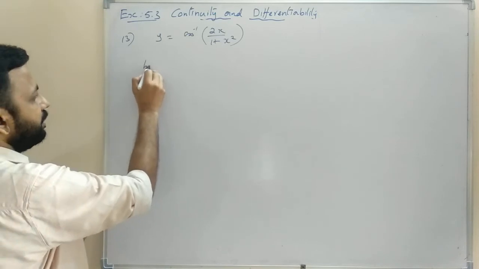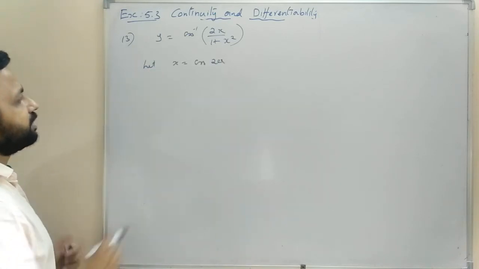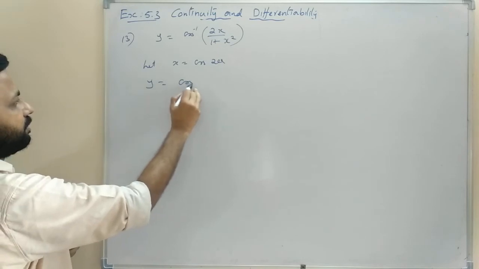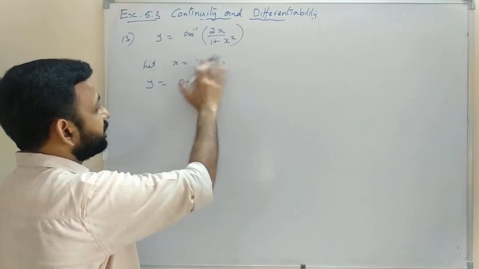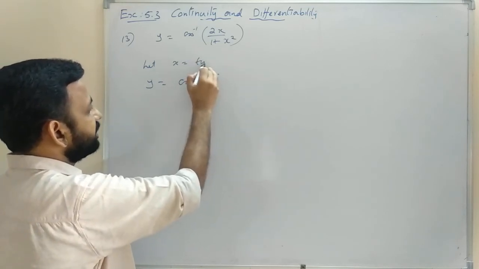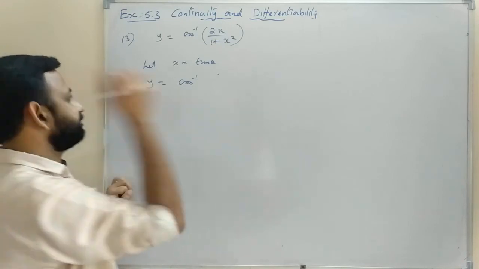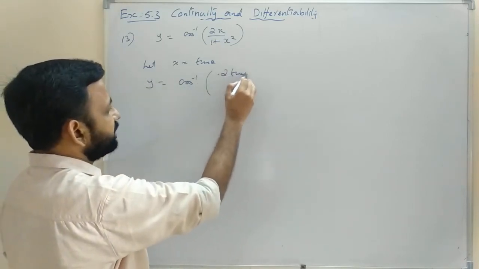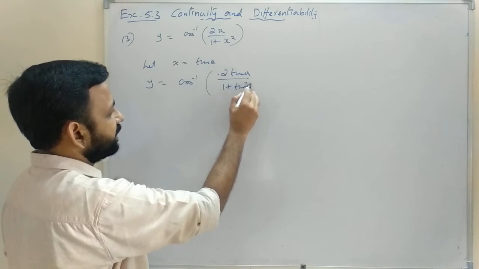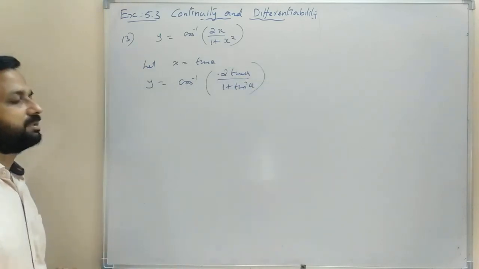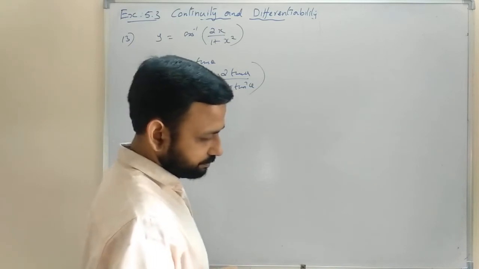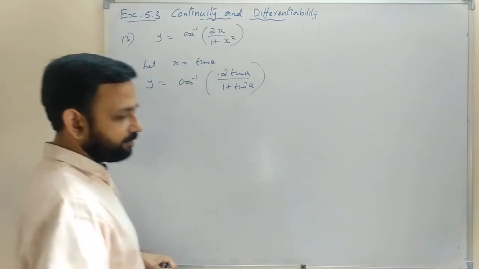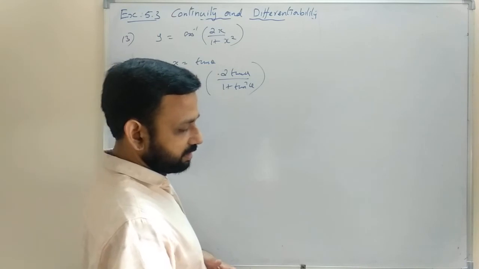Let x is equal to tan theta. Then y is equal to cos inverse of 2 tan theta divided by 1 plus tan square theta.